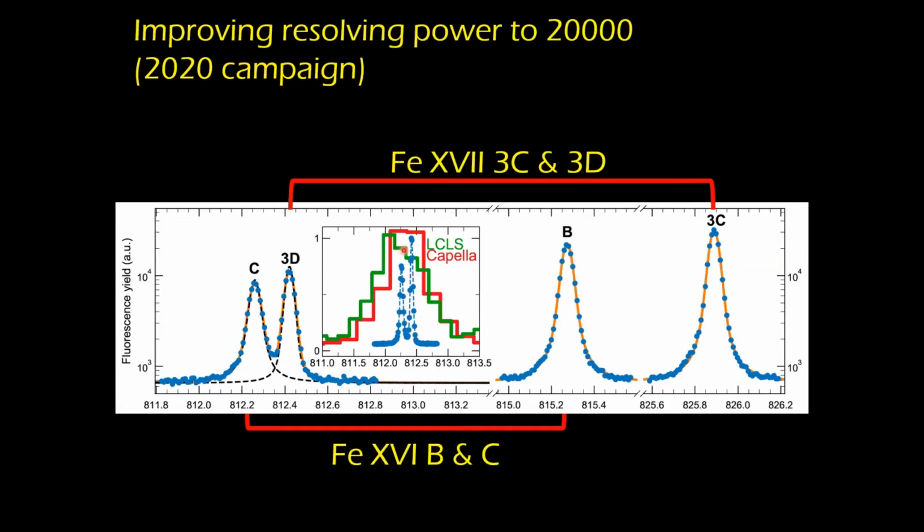At this resolution, we measured simultaneously, several times, iron 15 plus lines B and C, and again lines 3C and 3D. We can continuously monitor the population transfer, and the resolution is good enough to fit both 3D and 3C with the Voigt profile.